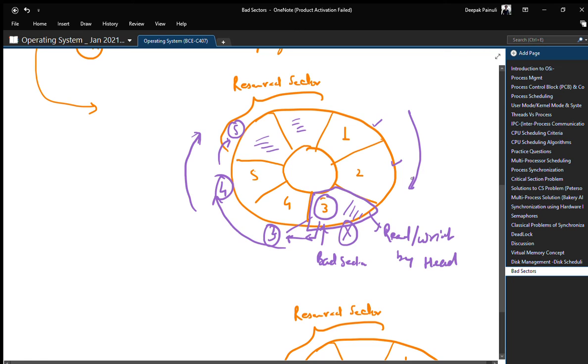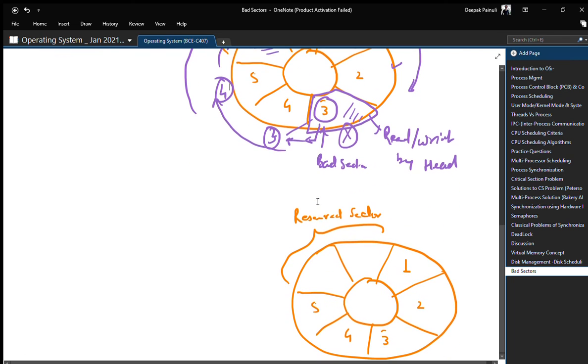So you can see we are just slipping, forwarding or sparing our sector index so that sector number 3 cannot be read by the reader-writer head. That's how we can avoid reading of those bad sectors, which will not affect our disk performance, right?